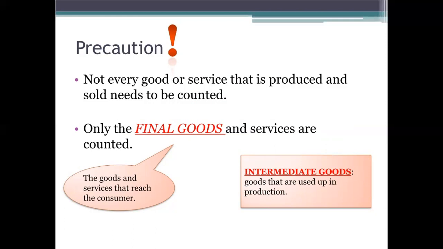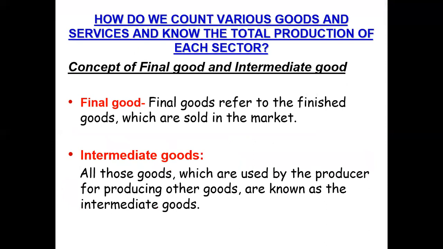Now, the value of final goods already includes the value of intermediate goods. So why do we use the value of only final goods? Because final goods are the finished goods which are sold in the market. But intermediate goods are all the goods which are used by the producer for producing other goods. They are known as intermediate goods.